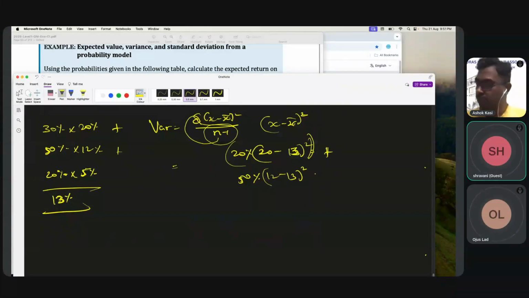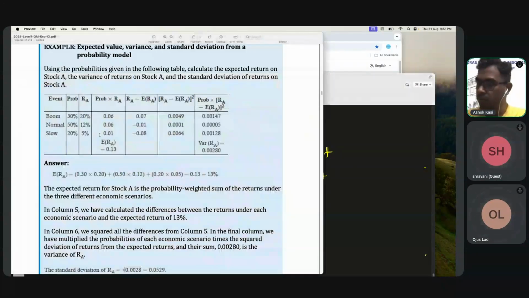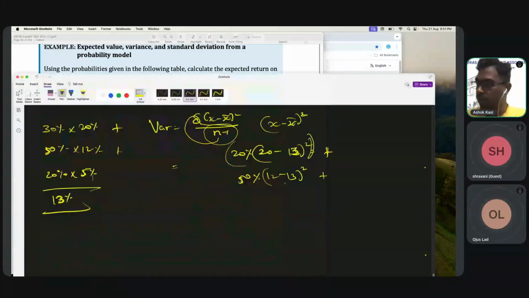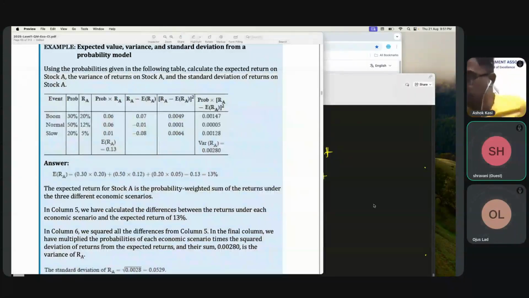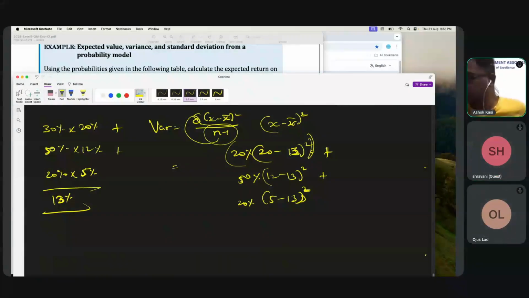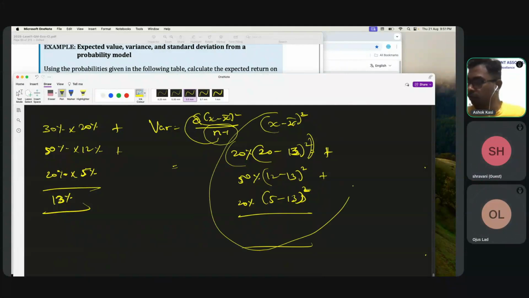Then the next one is 5 minus 13, squared, with 20%. Just calculate all this. This is the summation of x minus x bar squared.